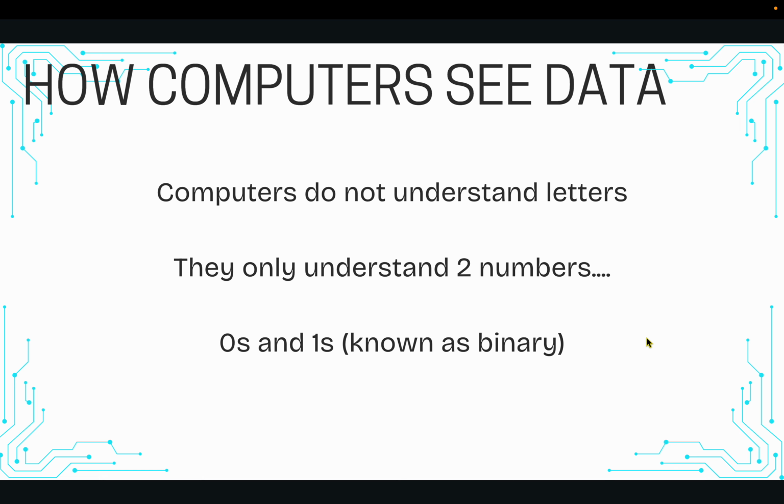Your computer only understands two numbers, 0 and 1, and that's what we know as binary. Although your keyboard has all of those different symbols, characters, and letters on it, your computer only understands two of them. We're going to discuss how and why that is.